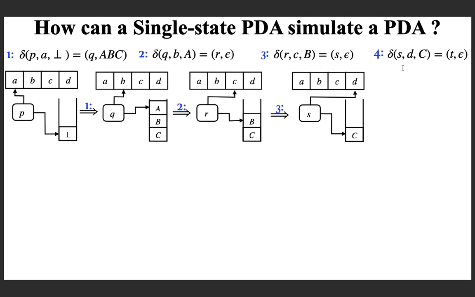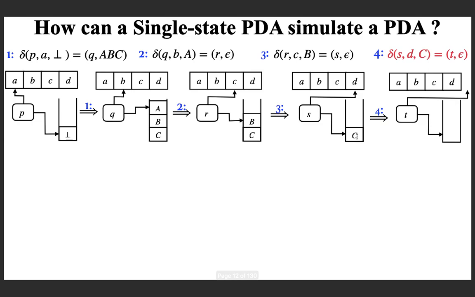It's saying you change your state into T and take out capital C, and you can see that the input abcd is accepted by the automaton by emptying its stack, and if T is final, by both the acceptance criteria.